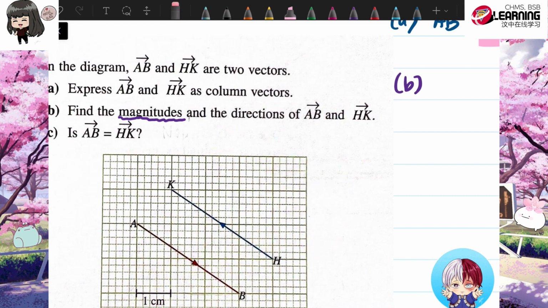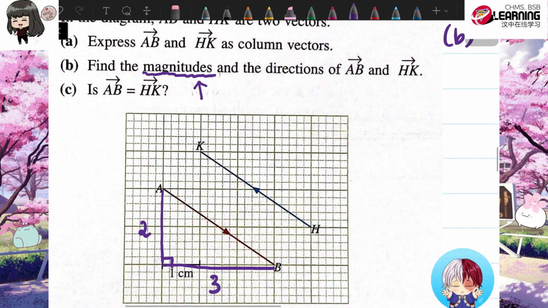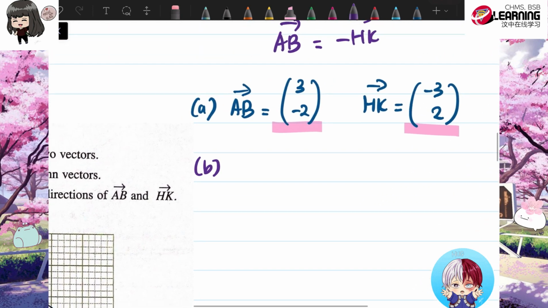How about magnitude? In part B, magnitude in this case means distance, the length. How are we going to find the length of AB? You can see that this can be formed into a triangle. This is 3 units, this is 2 units. If this is a right angle triangle, we can find this length. Magnitude means we are finding the length by using Pythagoras theorem. So 2 squared plus 3 squared, square root, and then you will get AB. The magnitude is written with the modulus sign or absolute value sign.